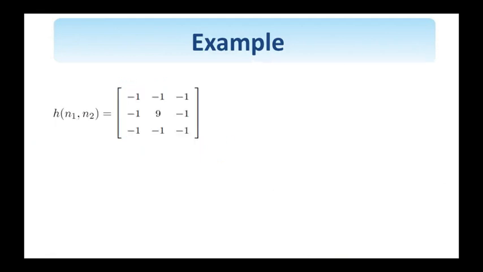Here's a final example. We're given a system with the impulse response depicted here, and we want to find its frequency response. The comments I made earlier apply here as well, so this is the H00 sample.